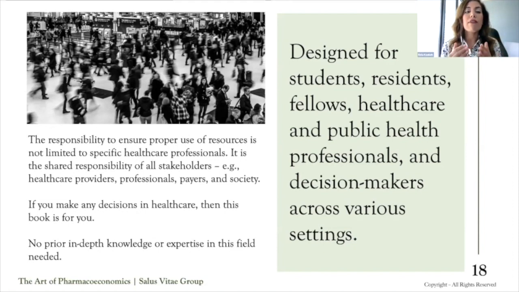So really, if you make any decisions in healthcare, which we even do on an individual level, you would benefit from this book. But how it is designed, we state that it is designed for those across the spectrum, from students to residents to fellows, all the way to healthcare providers and decision makers in these very different settings.